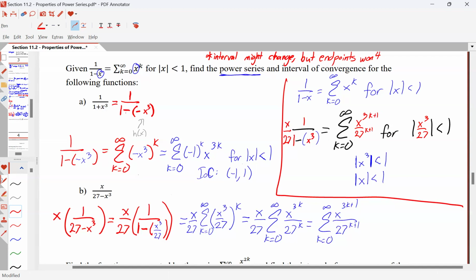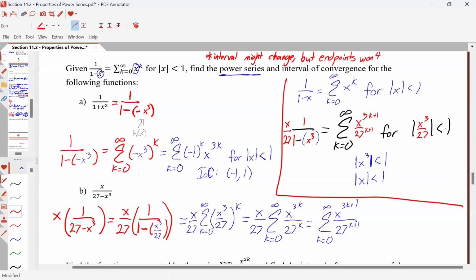But the same rules would apply as when we did geometric and we found the ratio. What we're putting in here is, what is that ratio? What is the thing that's all being raised to the k power? And what's being raised to the k power is the x cubed over 27.